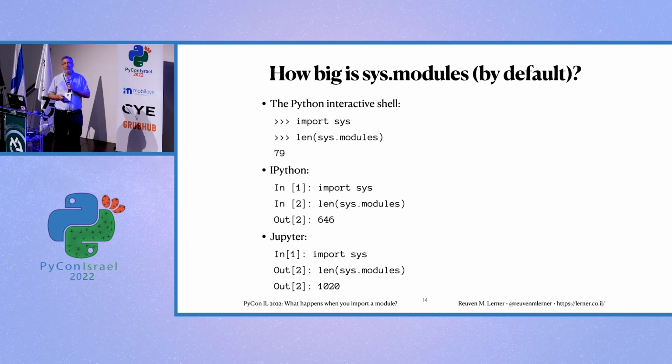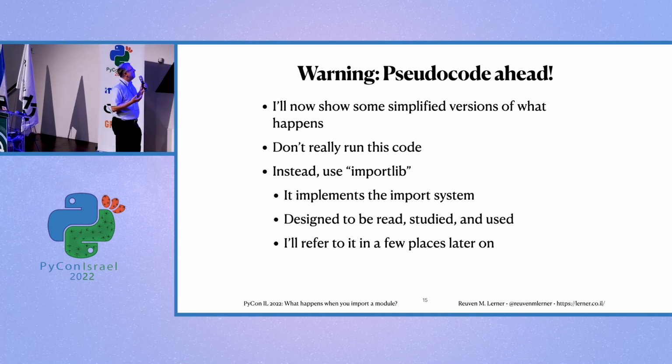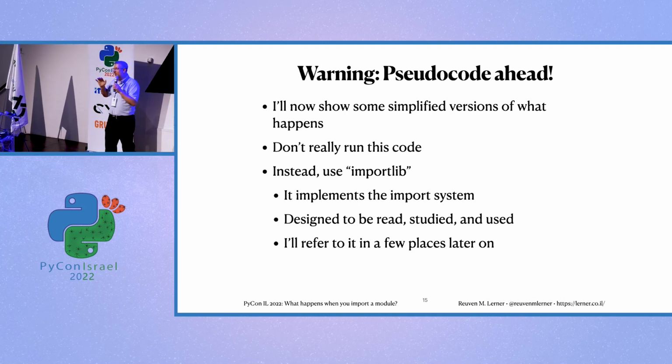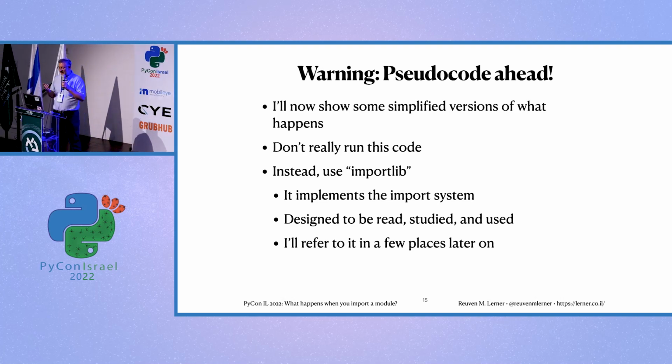So what I want to do now is show you some pseudocode to figure out what's happening when we're importing our module, right? Don't really run this code. It won't really work. It's like 90% Python and 10% imagination. By the way, if you ever want to do things like the import system, you should use importlib.